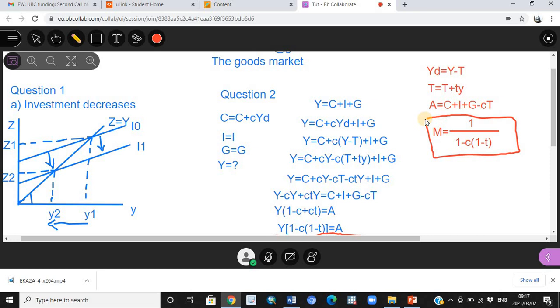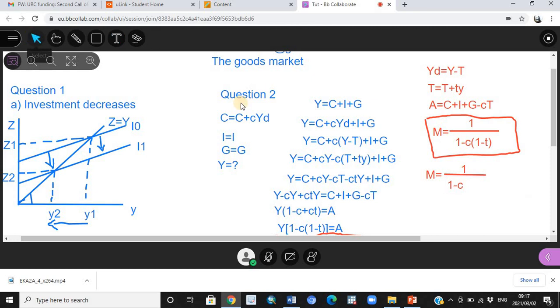If you go to a textbook, you will see that in most cases our M, which is the multiplier, is equal to 1 dividing 1 minus c, just this.